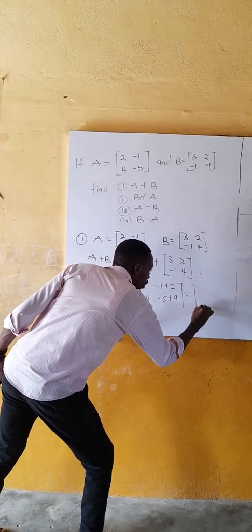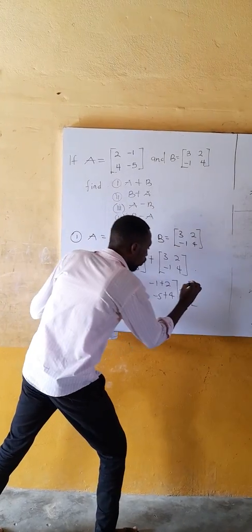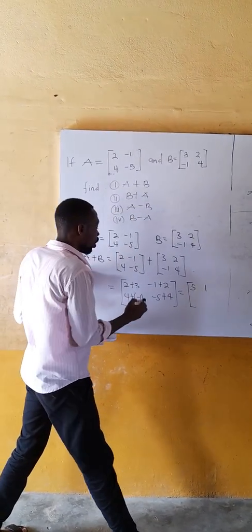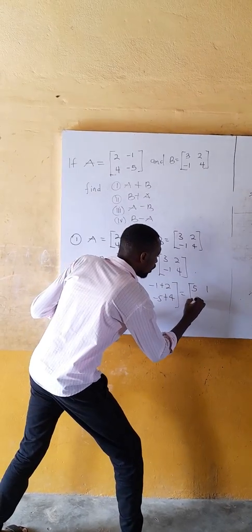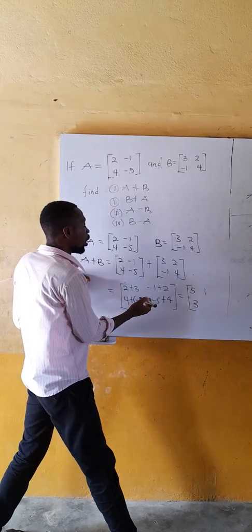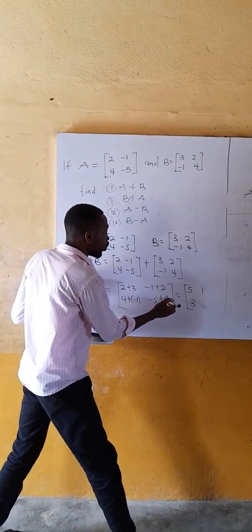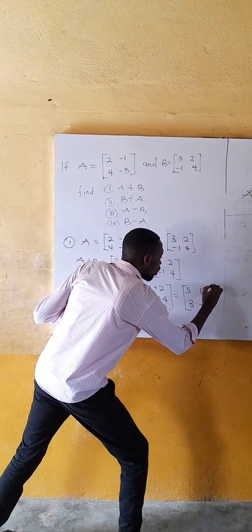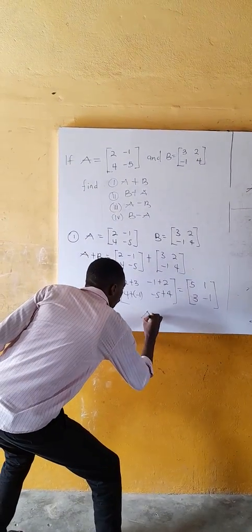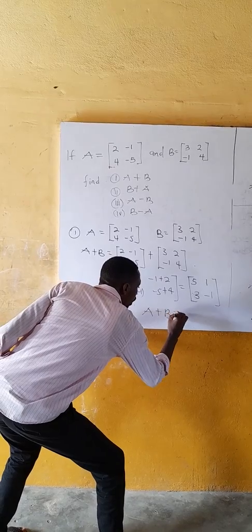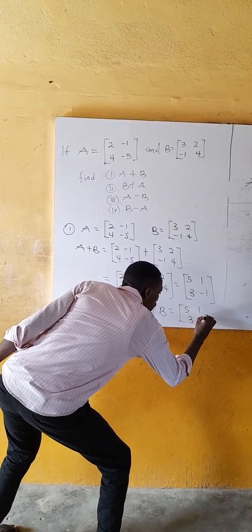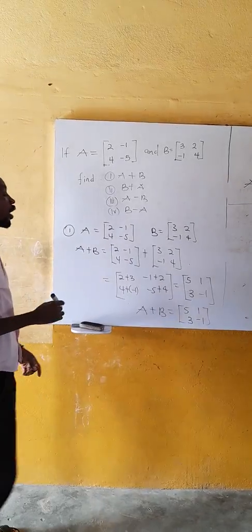What do we get? 2 plus 3 is 5, minus 1 plus 2 is 1, 4 plus minus 1 is 3, then minus 5 plus 4 is minus 1. This becomes our A plus B. So our A plus B will be equal to 5, 1, 3, minus 1. I hope you get that.